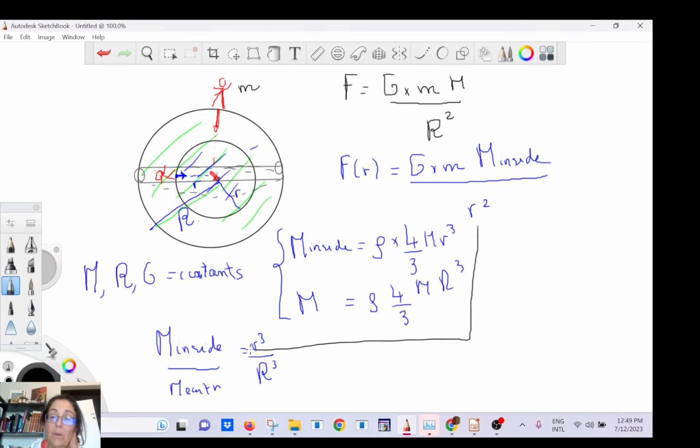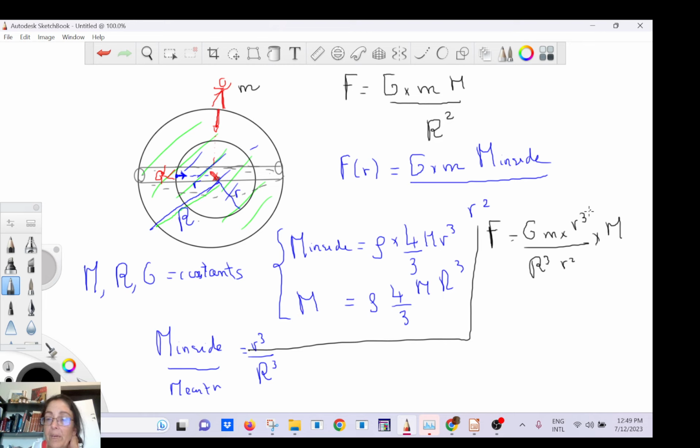Okay, so now I'm going to write this. So the force acting on me at that distance small r equals G times my mass times, I'm going to use this here, the mass inside, so that will be r cubed over R cubed, and then I have an r squared here, times the mass of the Earth.